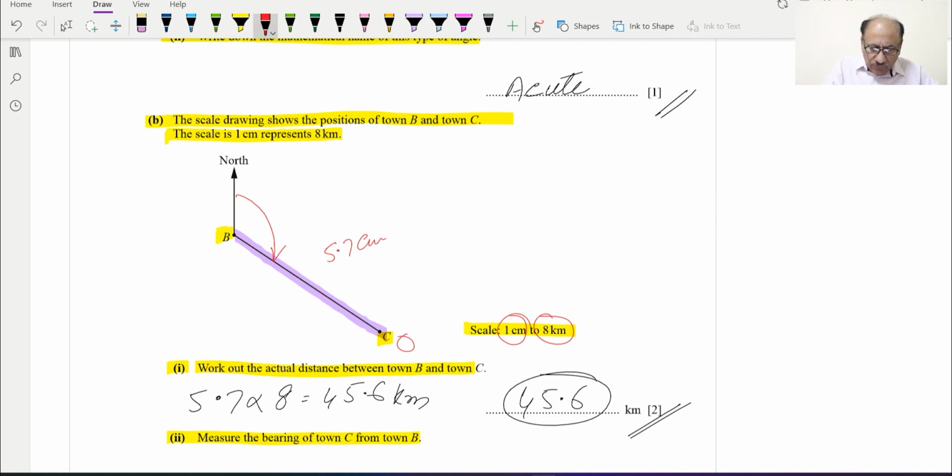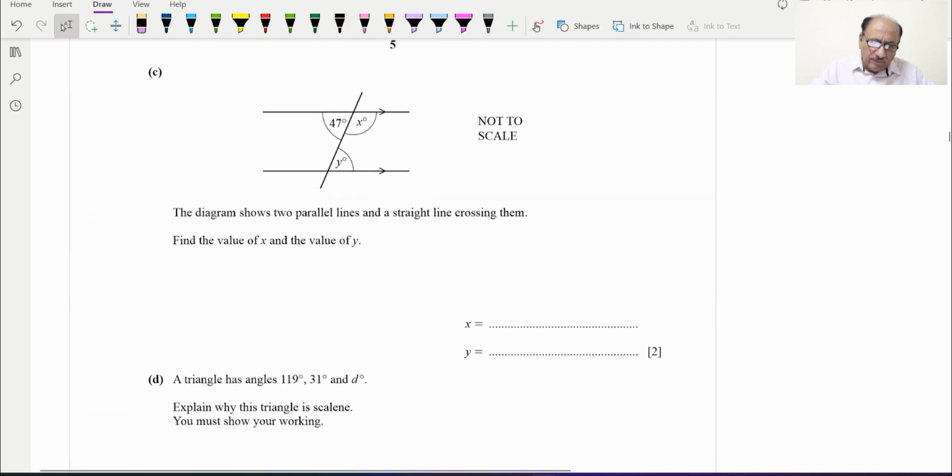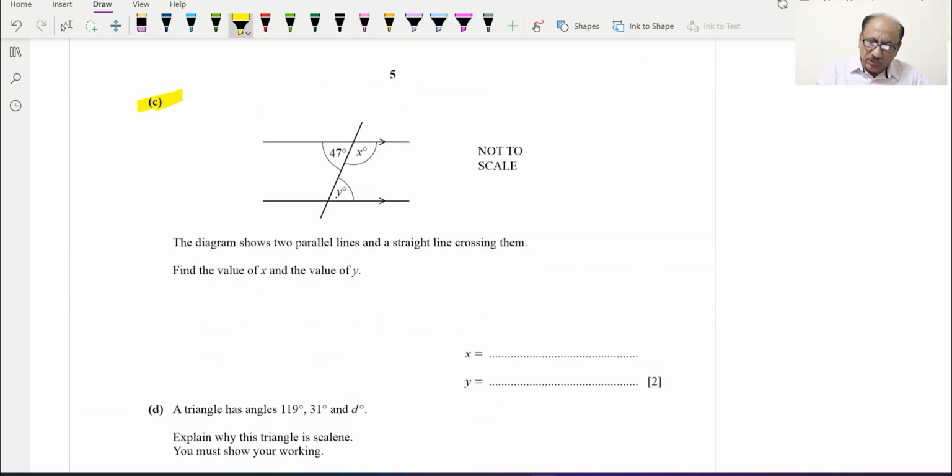Or you can take this as the zero line and keep your protractor like this, and you can check the angle in that case also. Better to keep this as the zero line, which I have already shown. So this will be 124 degrees, our answer for 1 mark. Hopefully you got this.